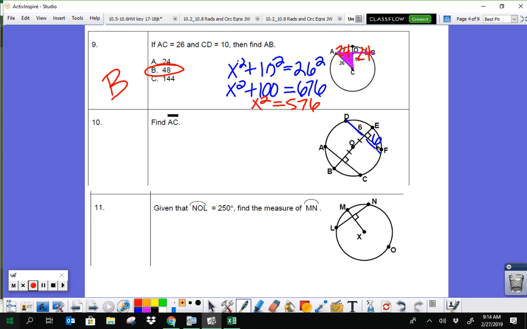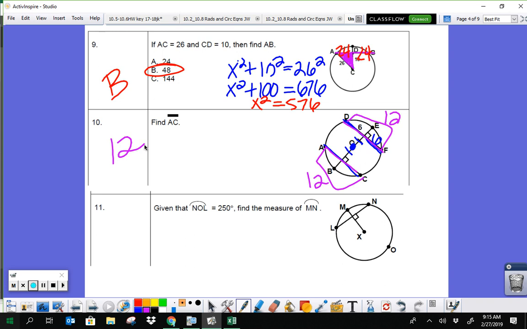Notice that these two chords, so chord DF and chord AC, these two chords are equidistant from the center. That means they're both the same distance from the center. That means that this chord and this chord are congruent. So 6 and 6. If that chord is 12, so is that one.